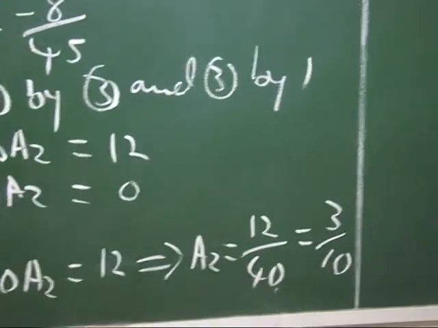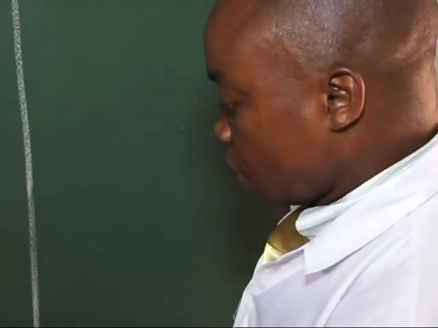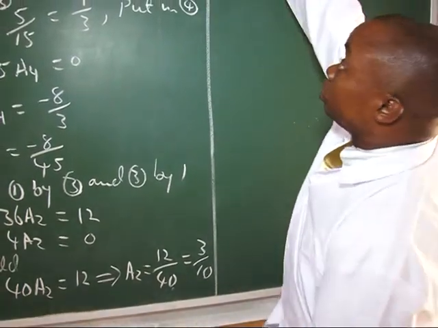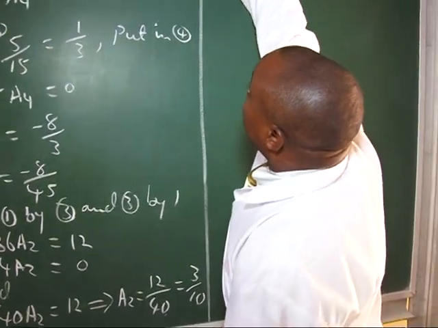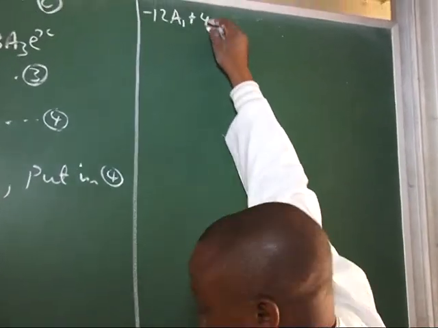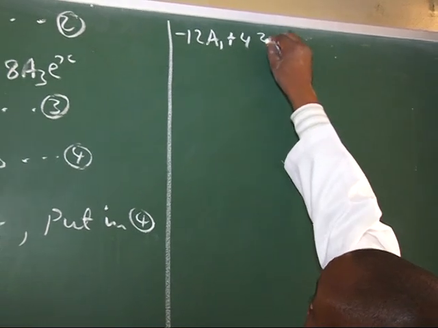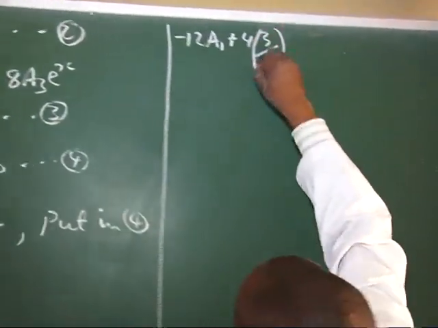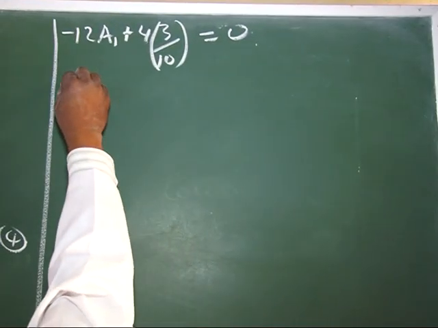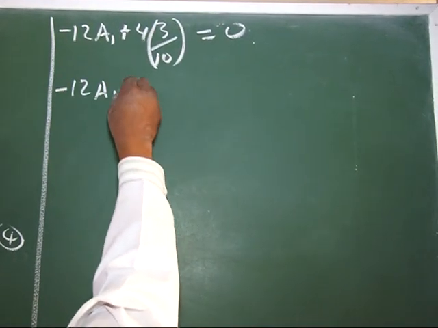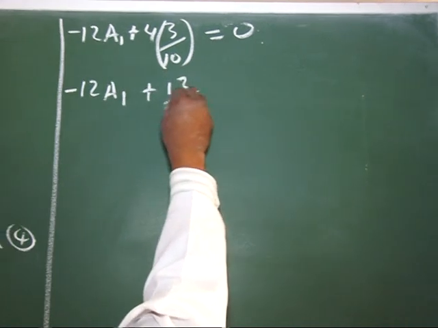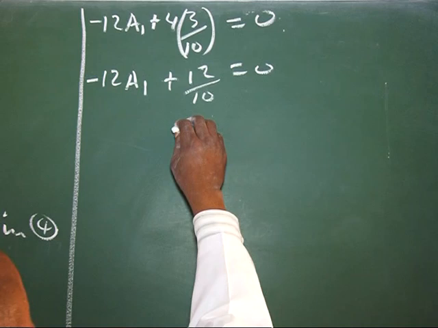We can now seek for a1 by putting 3 over 10 in equation 2. So we have minus 12a1 plus 4a2, and a2 is 3 over 10, will be equal to 0, which means minus 12a1 plus 12 all over 10 is 0.